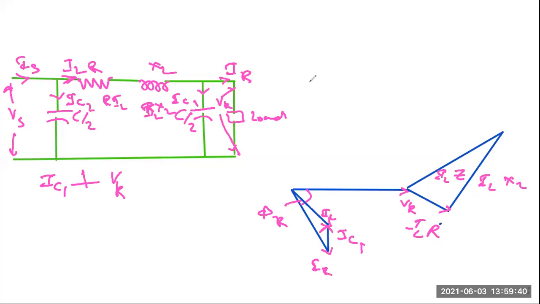Now, if we join these two, we will get B, C. So this is the direction, and this is your VS.